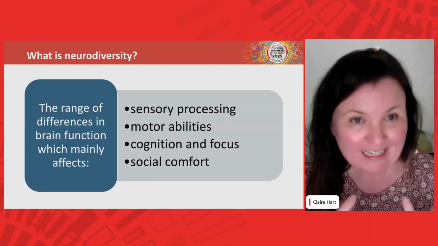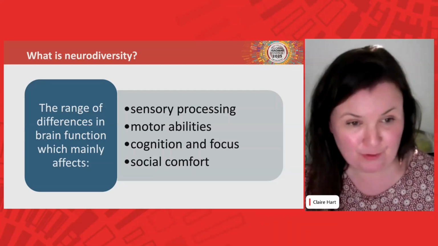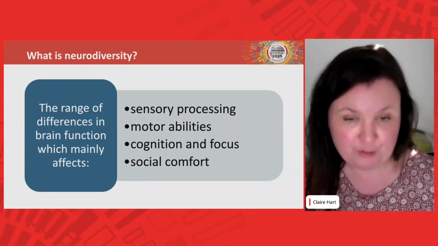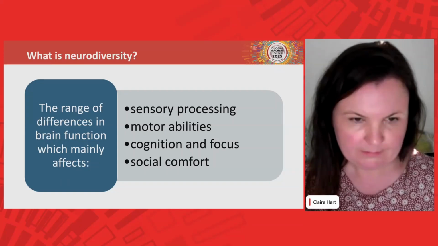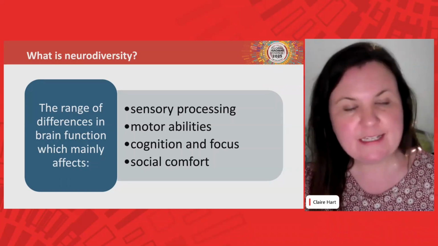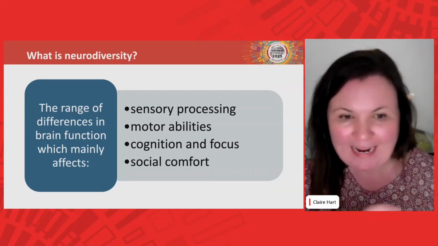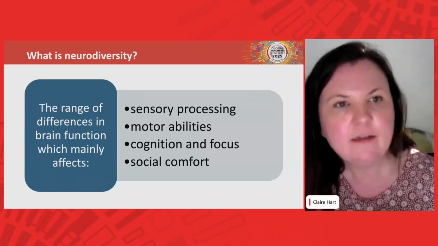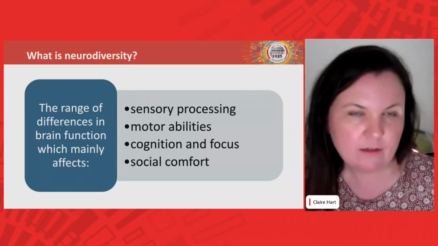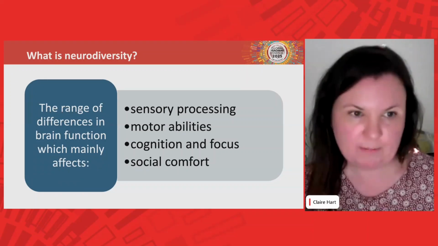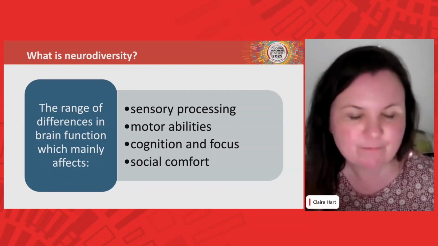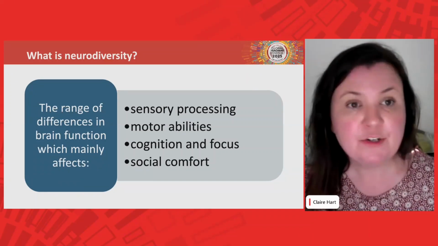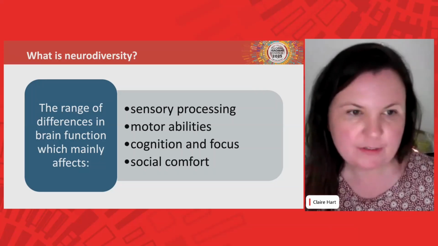So it recognizes the range of differences in brain function. The idea is not to say, you are bad because your brain is functioning differently. It's just to say there are lots of different ways in which the brain works, and trying to give these different ways a degree of parity with each other.